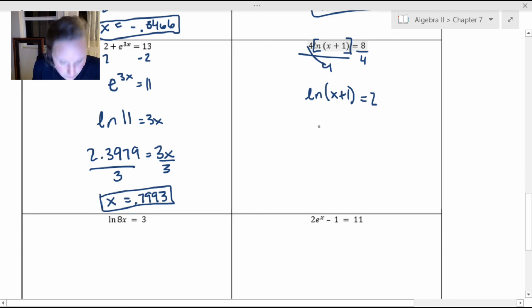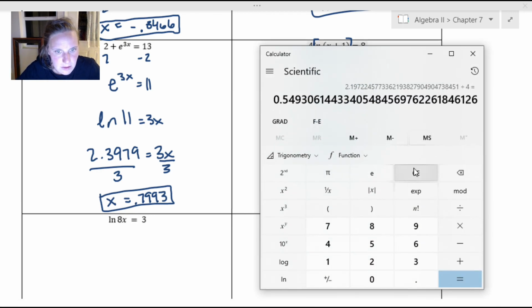All right, so we rewrite it. So instead of the natural log, we do e to the power of 2 is equal to x plus 1. E squared is a number. It is 20.0855. Is that right? Let's try that again. Clear.